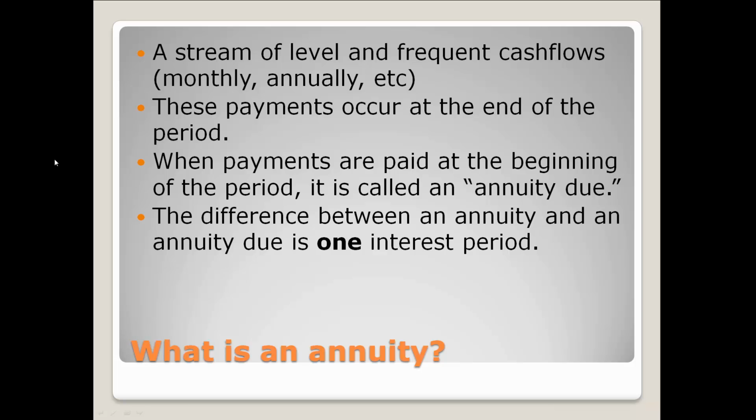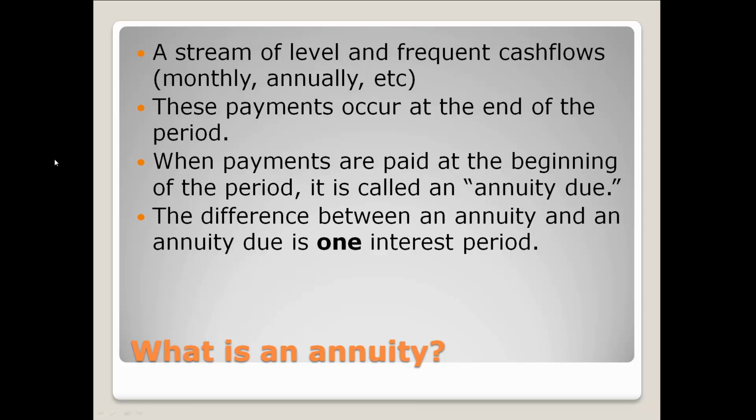There is an exception. It's called an annuity due. And when you have an annuity due, the payments come in at the first of the month. So if you had an annuity that was going to pay 1 annual payment in 2015, then that payment would come in on January 1st, 2015, as opposed to December 31st. How do I remember the difference between an annuity and annuity due?